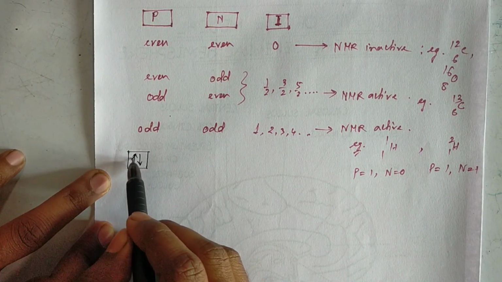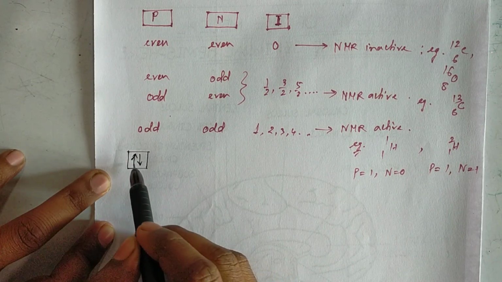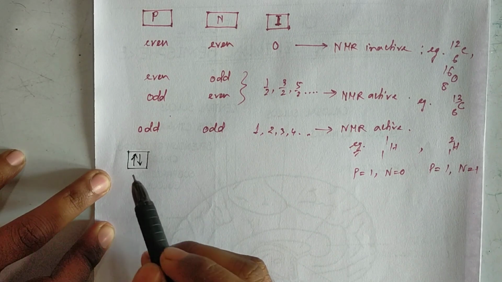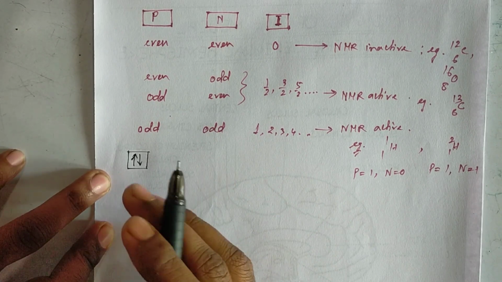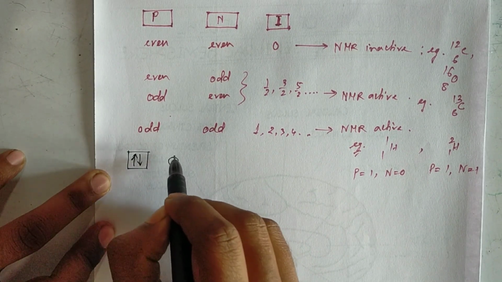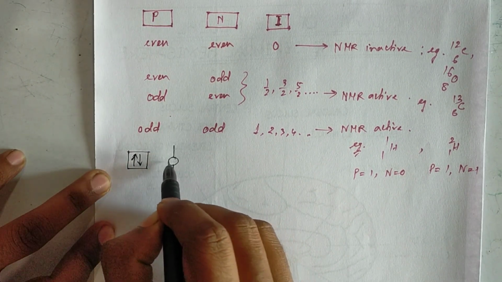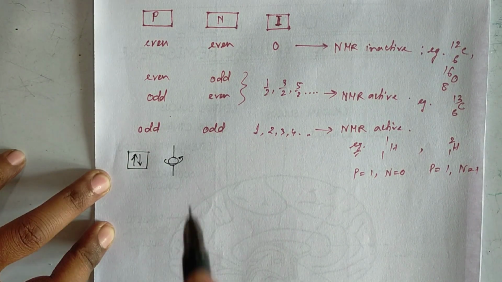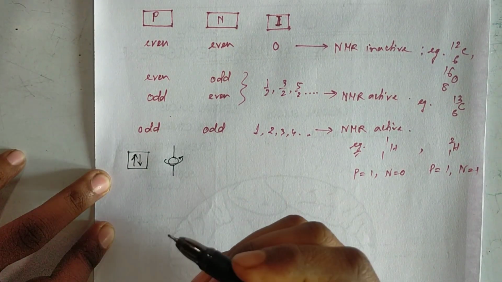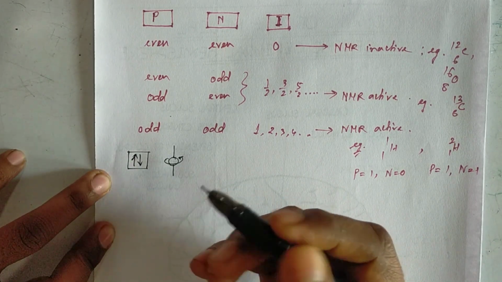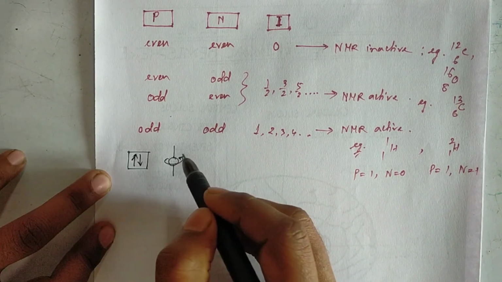Now why do we write like this? This means that the spins of the two electrons are antiparallel. That means if there is an electron here which is spinning in clockwise direction, then in case of electrons the right hand thumb rule is opposite to the nucleus.